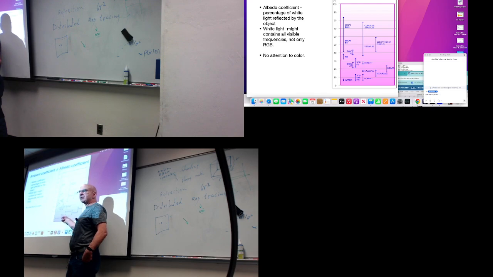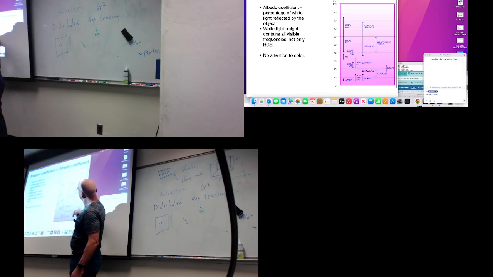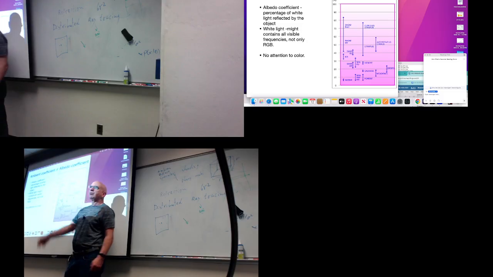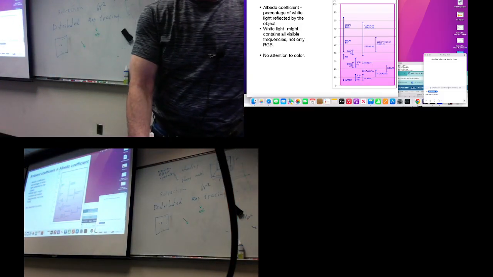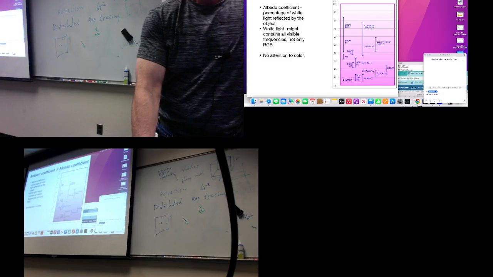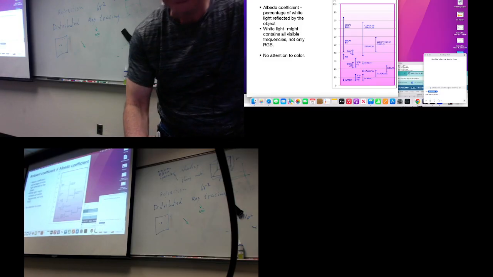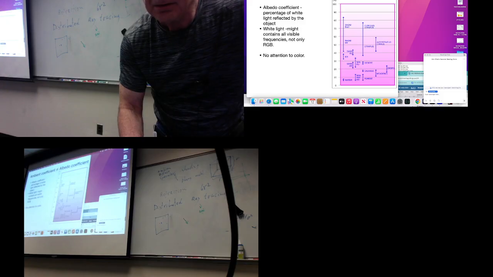I'm talking about energy-wise, how much is returned versus how much is absorbed. You'll get very little in the coal, and snow will be pretty much as high as you can get among the natural materials in terms of energy return. Why don't I have coal over here? I don't have coal. Okay.